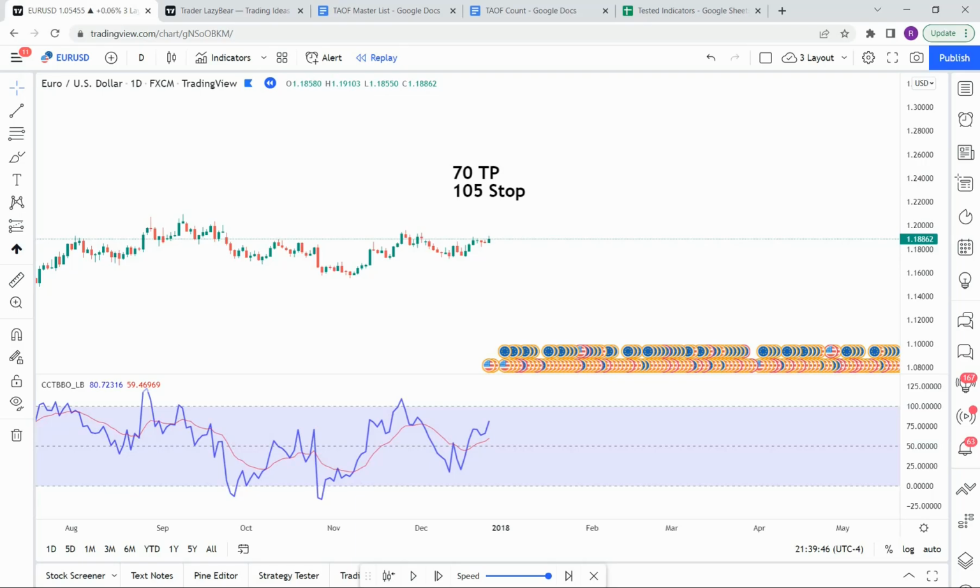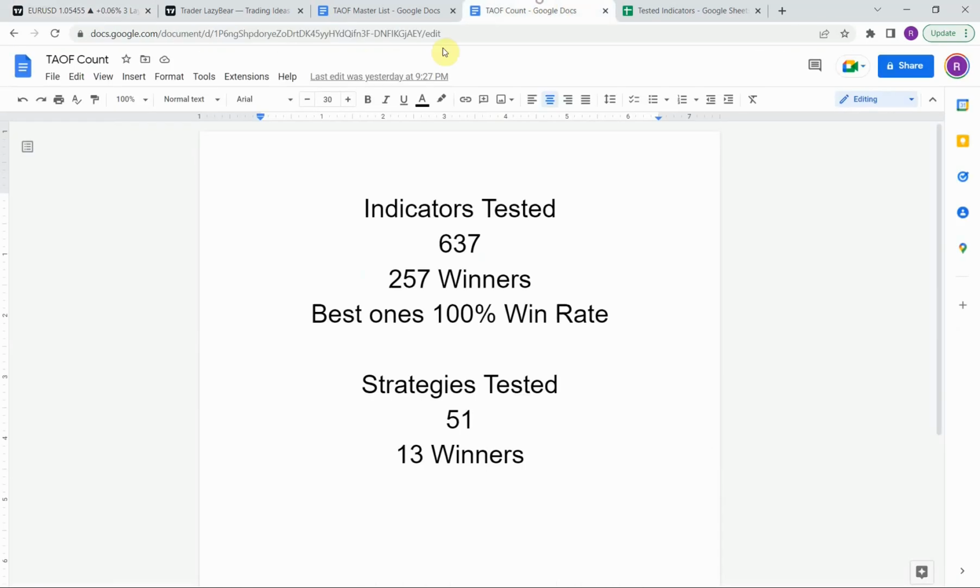Alright, as I said, today we will be testing the CCT Bollinger Bands Oscillator. Before we do though, I wanted to put the testing scoreboard up for everyone to see. So to date, we have tested a total of 51 different strategies, with 13 of them being profitable. We've also tested a total of 637 indicators, with 257 of them being winners.